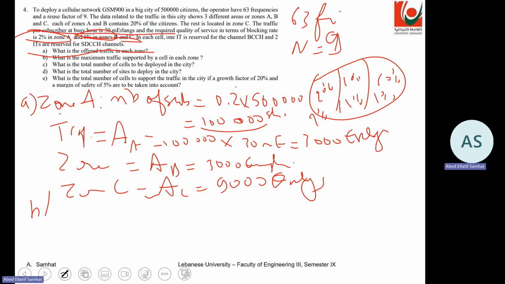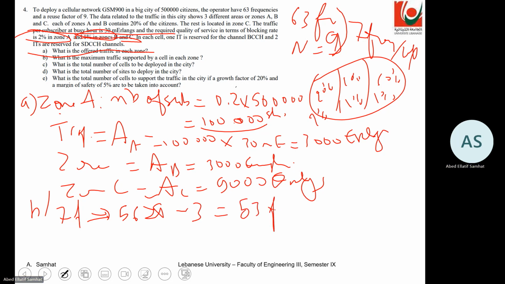We have 63 frequencies over 9, so we have 7 frequencies per cell. 7 frequencies per cell will give 56 TS. Minus 3 for the signaling, we have 53 TS per cell.